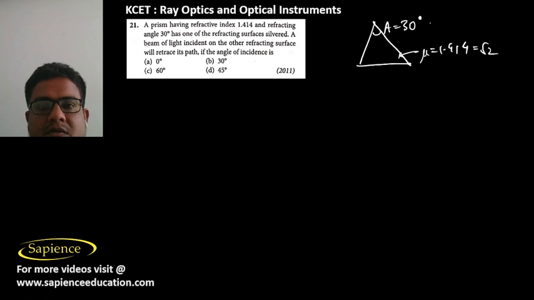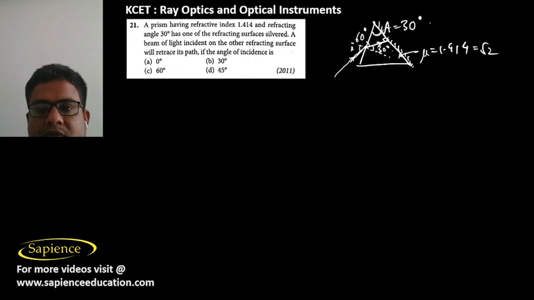The angle of incidence is? It will retrace its path if the light falls normally on the second surface, since the second surface is silvered. So this is 90 degree, this is 30 degree, so this should be 60 degree, which means the angle of refraction here should be 30 degree.